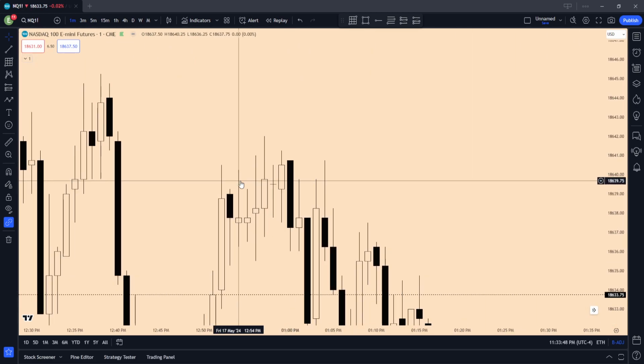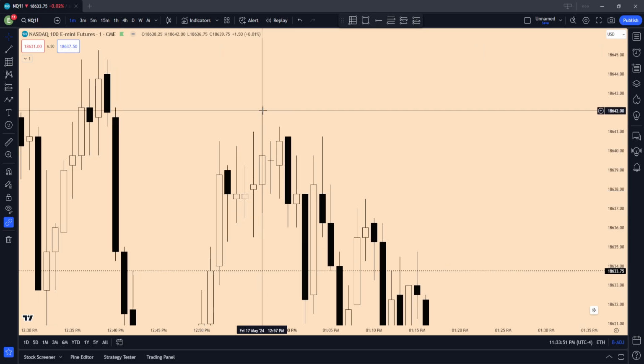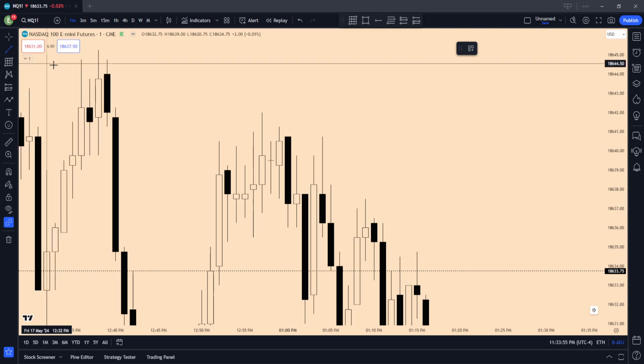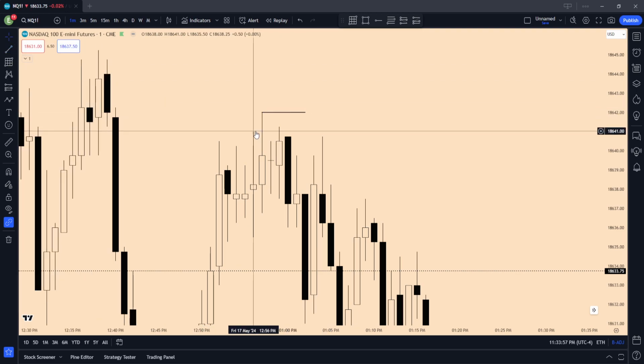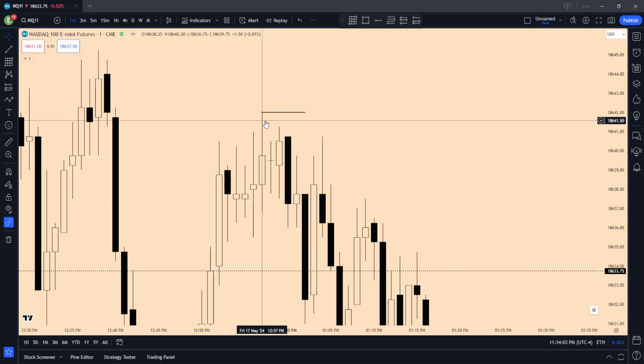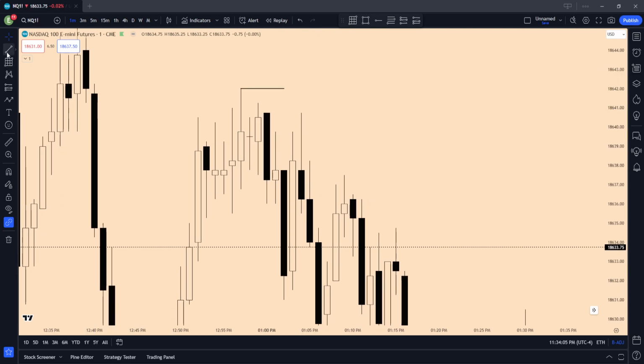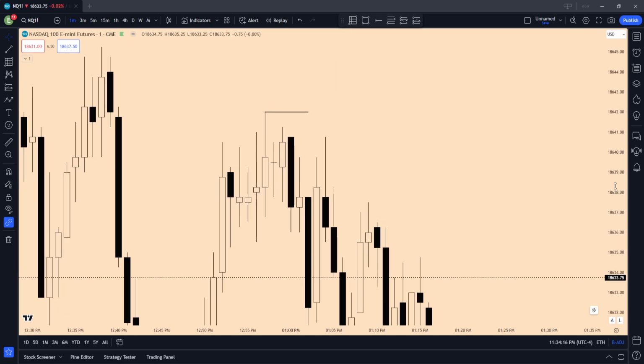So, a swing high is this. When you have a high being made, and then you have a lower high here, and you have a lower high there, this makes the high. Notice here, you have three candles, okay? Three candles make the price swing. 1, 2, 3. 1, 2, 3. 1, 2, 3. So the three candles make the price swing.